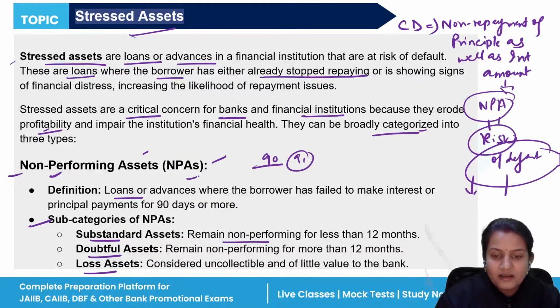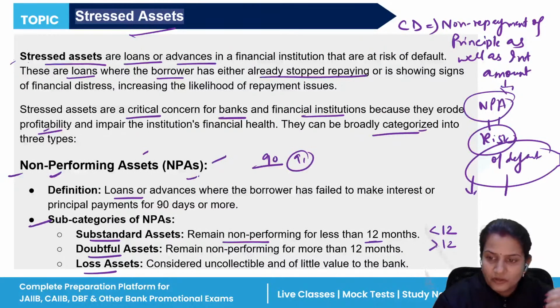Substandard is when the assets remain non-performing for less than 12 months. It should be less than 12 months. Clear? Now, doubtful is when they remain non-performing for more than 12 months.